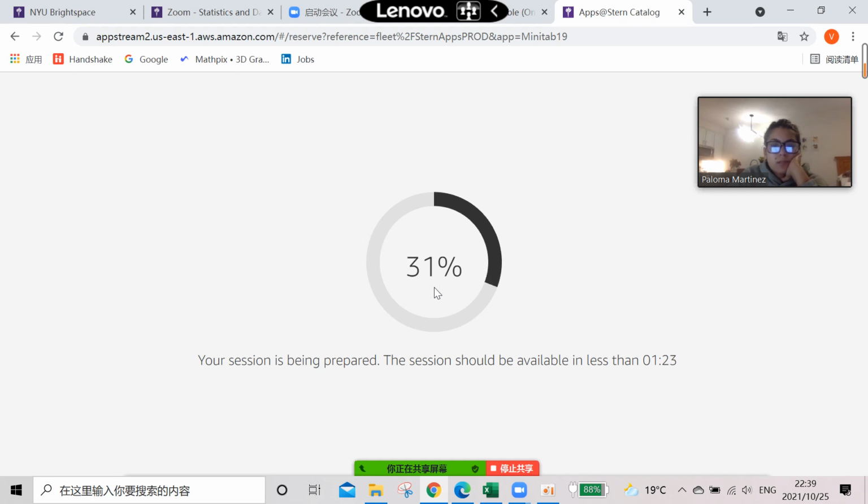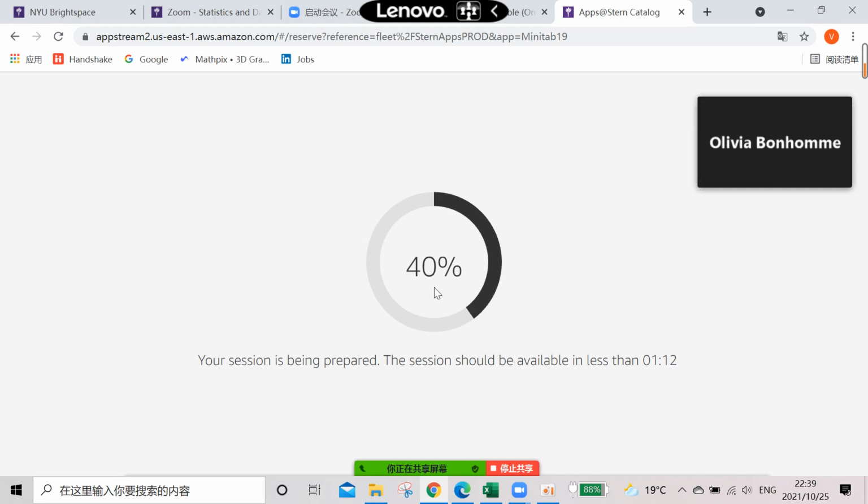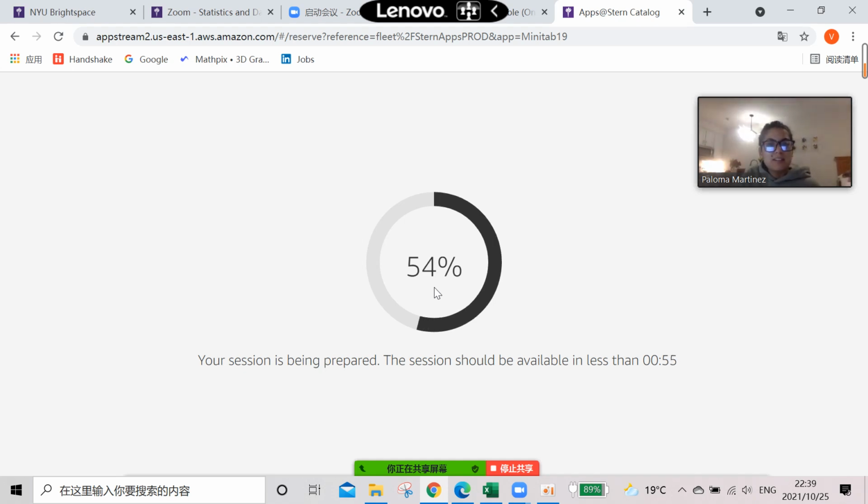Okay. Minitab, which one? Minitab 19 or 20? 19. All right. Yeah, it's like a 2-minute download time. It's annoying. I guess they want to make sure that after graduation you have to pay for using Minitab, so they don't allow you to download it.